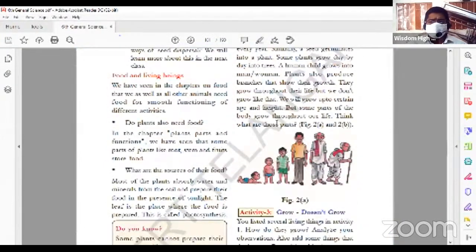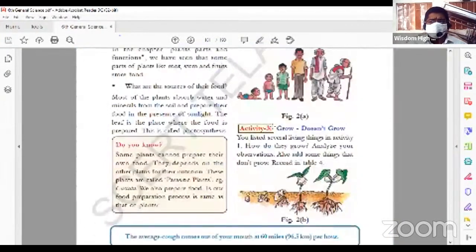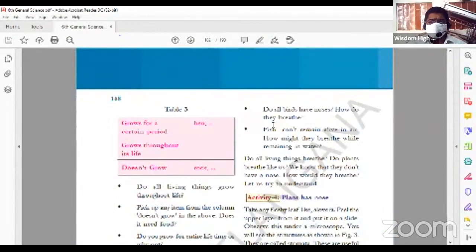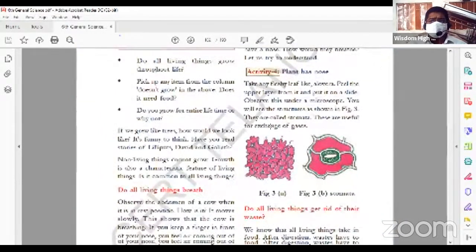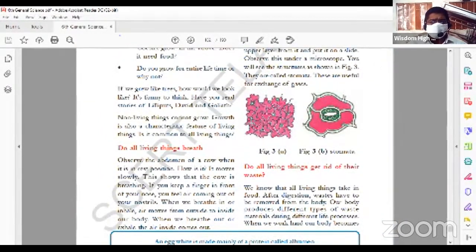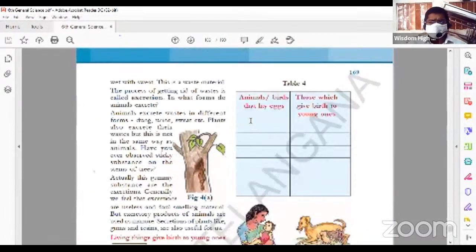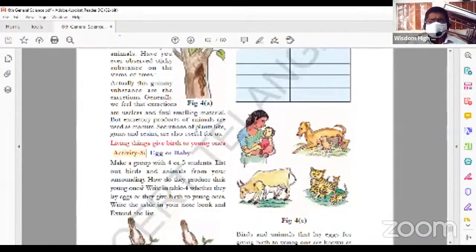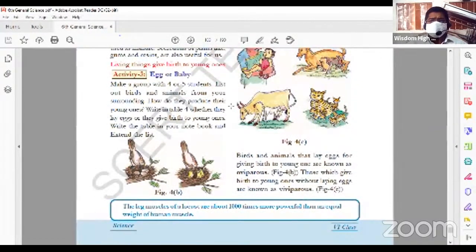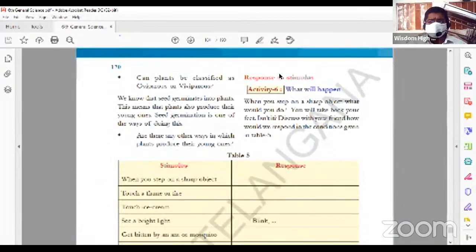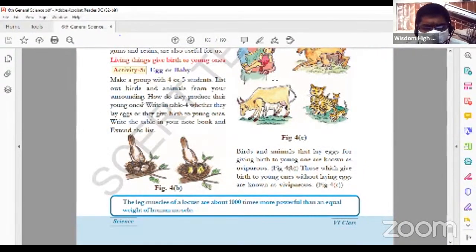Growth, reproduction, breathing, response to stimuli, getting rid of waste from the body, these are the things we discussed: the characteristics of living things and non-living things. And after that we discussed oviparous and viviparous.